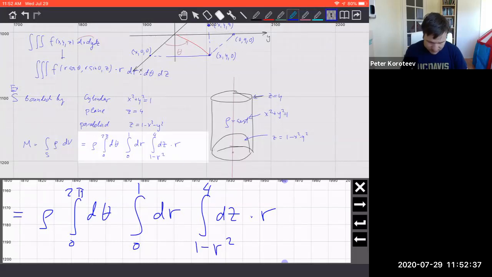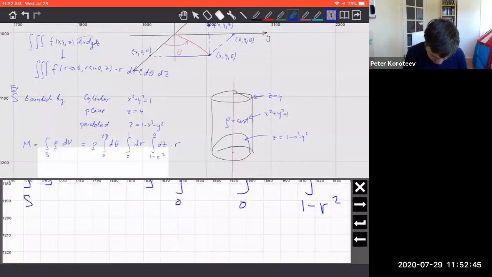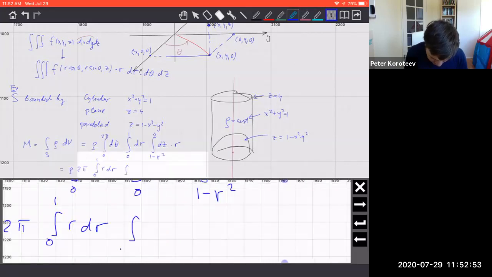So yeah, let's execute the integral. It's equal to rho times 2 pi, integral from 0 to 1 of r dr, integral from 1 minus r squared to 4 dz, which is just this difference.